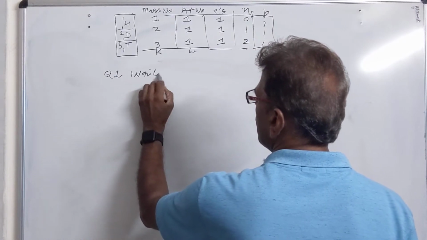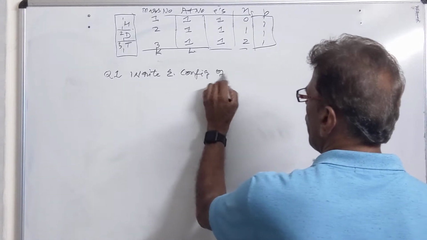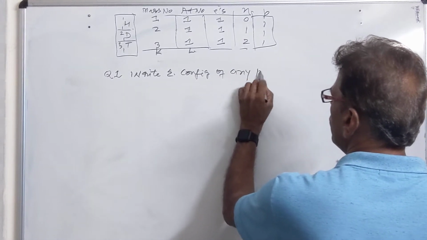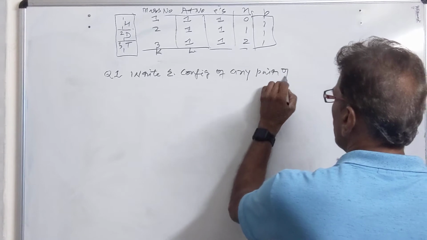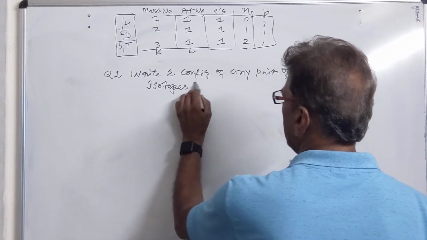Write the electronic configuration of any pair of isotopes and isobars.